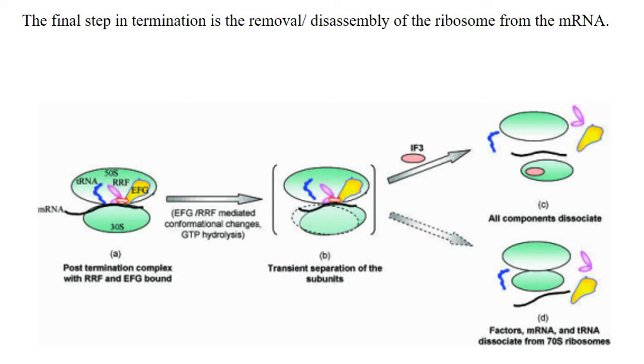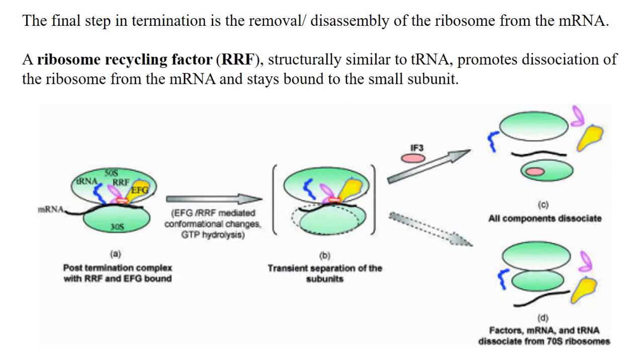This is carried out by another factor called ribosome recycling factor, RRF. This RRF is, again, structurally similar to tRNA because it's going to bind to those sites in the ribosome, so they need to fit in the site. It promotes dissociation of the ribosome from mRNA and stays bound to the small subunit.